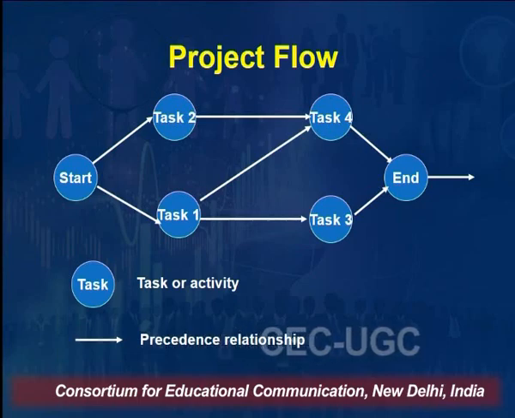The apt example for project flow is, let's say you want to make a house. Task 1 is to lay the foundation of your house. While you are putting the foundation, you cannot do any other work simultaneously. You cannot start constructing the wall somewhere else and then put it over there. Unless you have put the foundation, your next task does not begin. Then task 2 is constructing the walls.